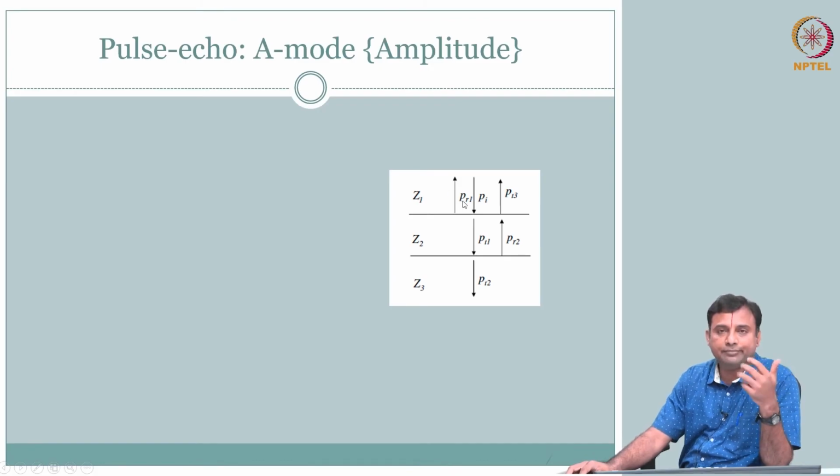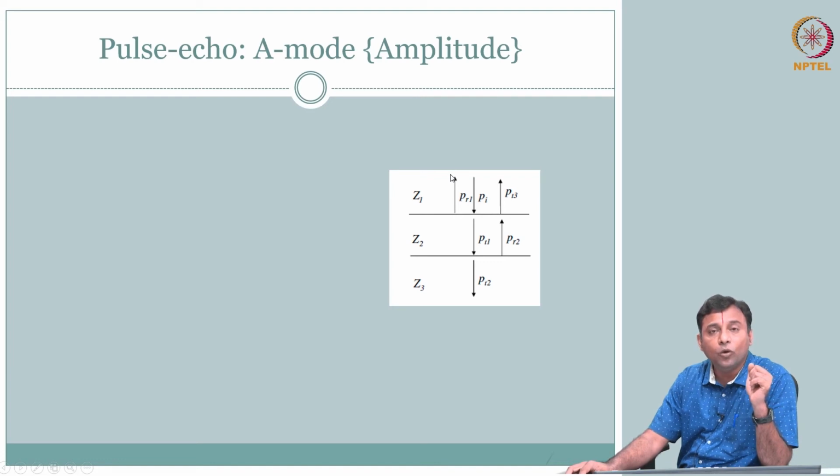So you have Z1, Z2, Z3, all denoting different layers in this case. I send a pressure pulse, Pi, the incident pressure, with an amplitude P. Some amount is reflected back. How much? That depends on the reflection coefficient, the impedance mismatch. You should be able to calculate all this, because we covered that coefficient.